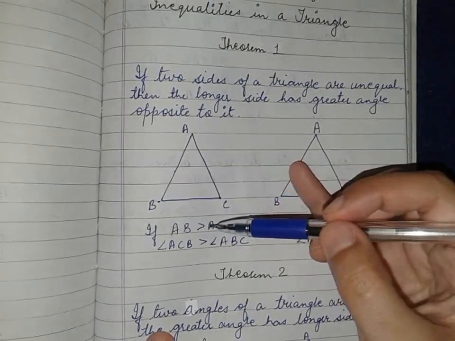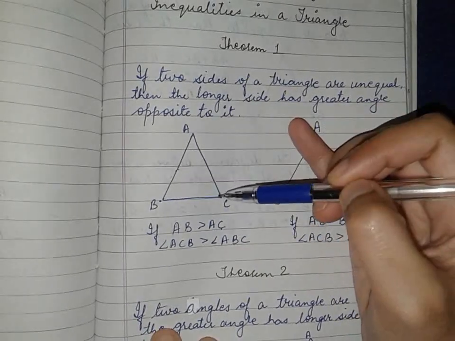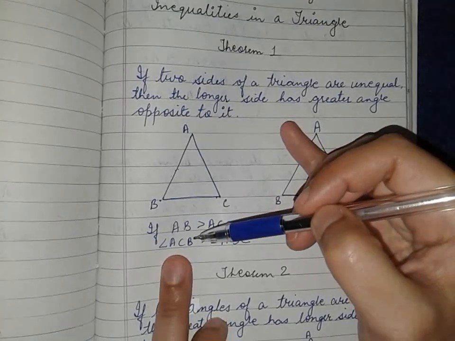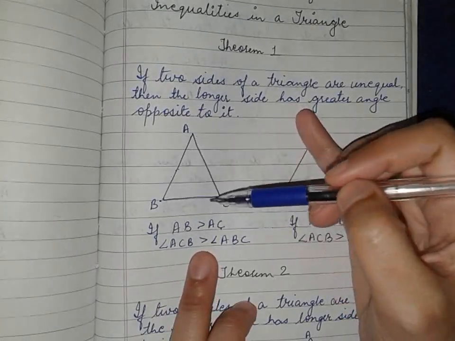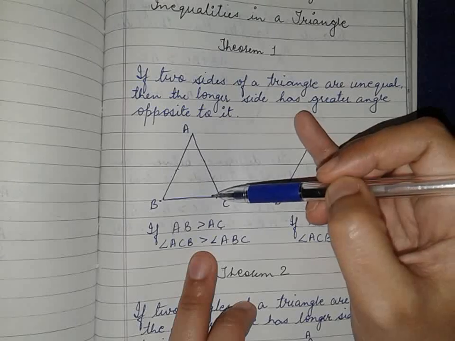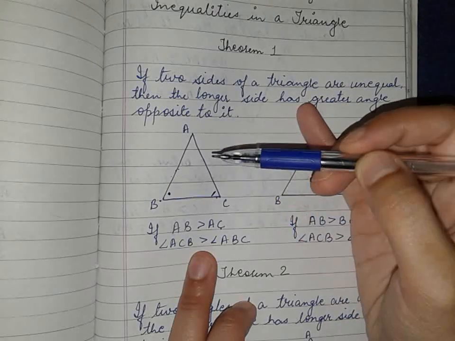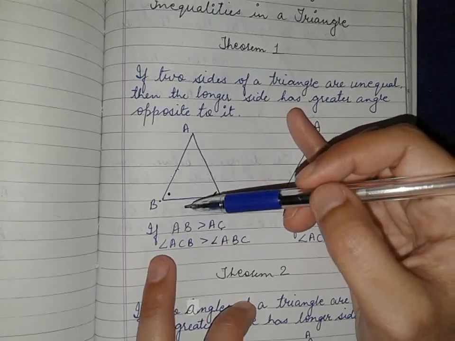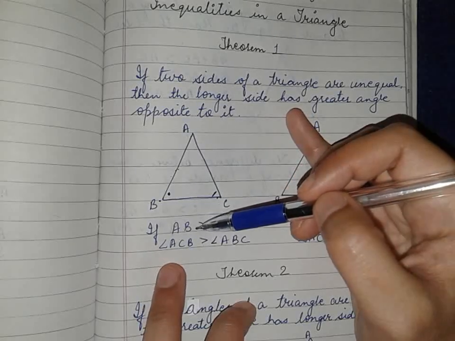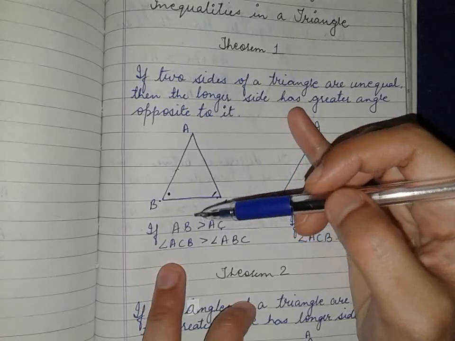That is, if AB is greater than AC, then angle opposite to AB is angle ACB. So angle ACB will be greater than angle ABC. Longer side has greater angle opposite to it.